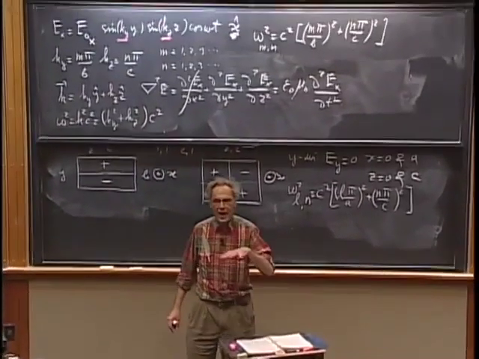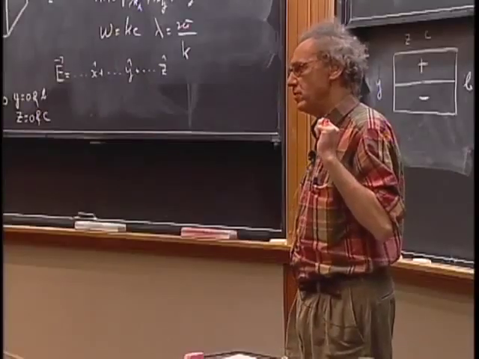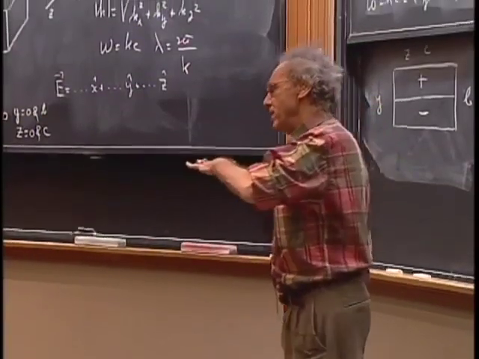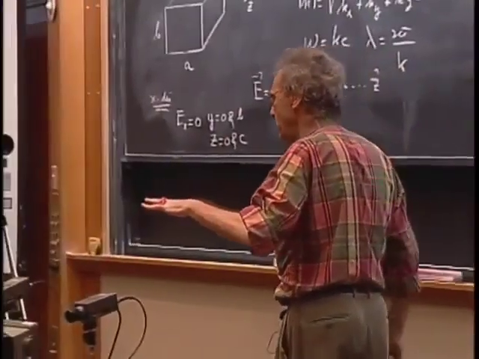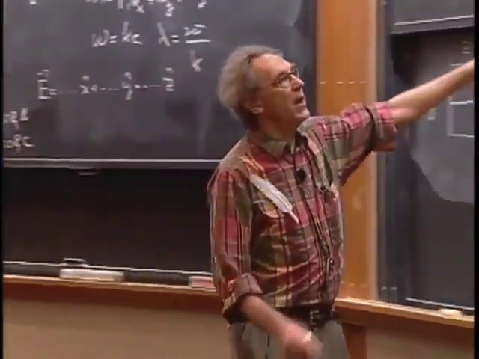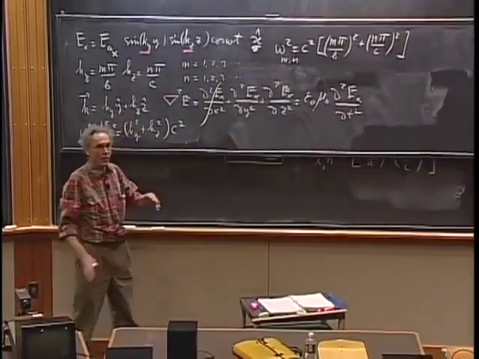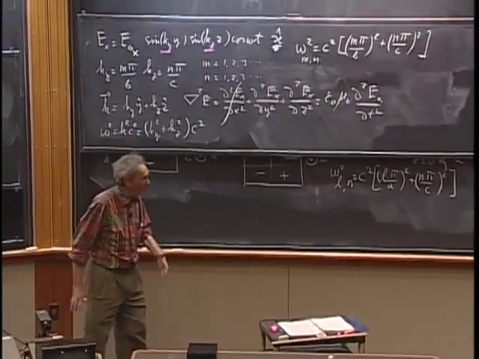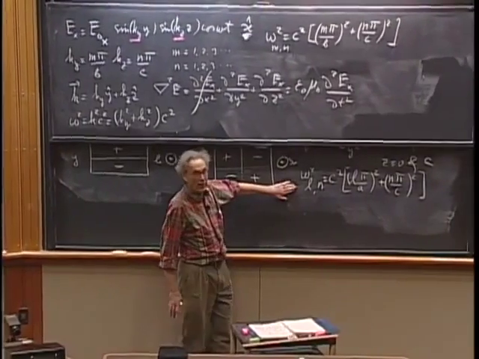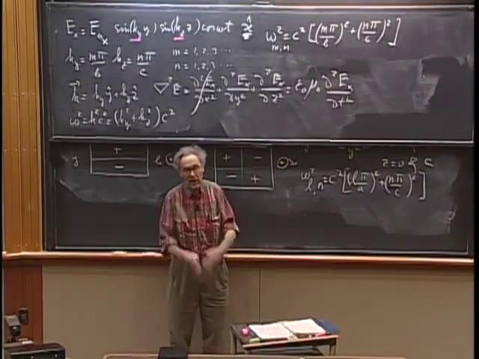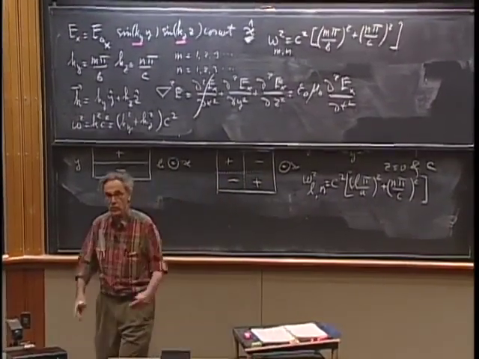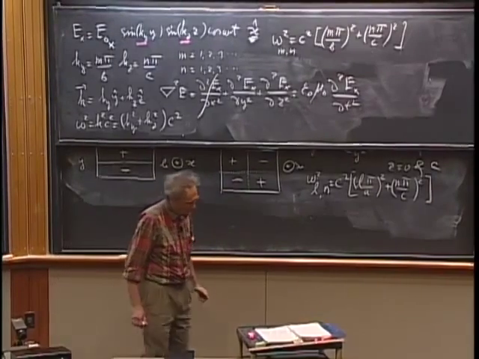And so if I had linearly polarized radiation in the x direction, it would have to obey this. I could have linearly polarized radiation in the y direction, which would have to obey this sequence of frequencies, and I could do one in the z direction, which of course you can make up for yourself.